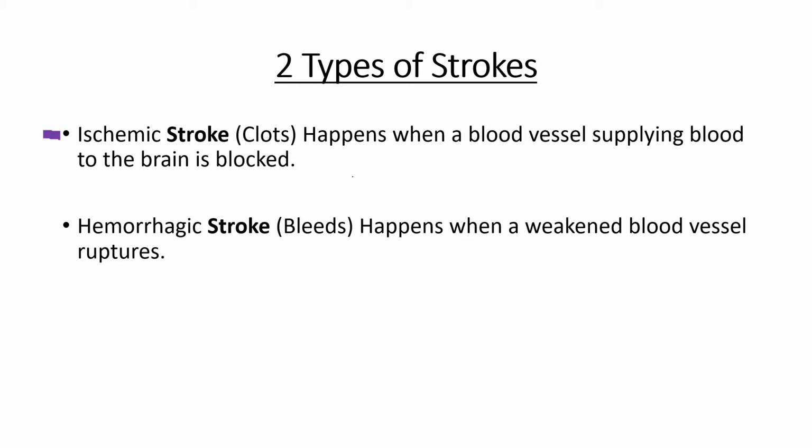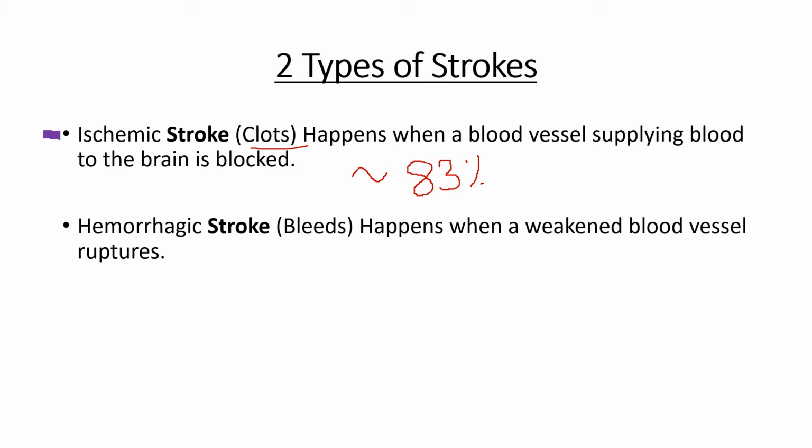And that happens in around, I think I was reading about, and this number may not be exact because different sources give you different numbers, but in mathematics, a squiggly line in front of a number implies about or somewhere around. So around 83% of strokes are based upon blood clots.